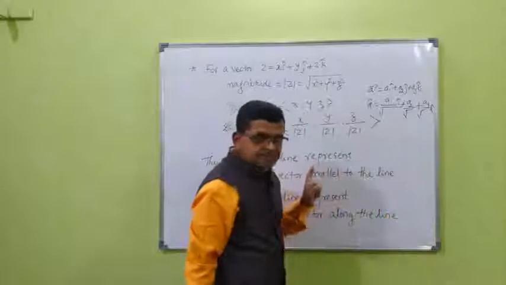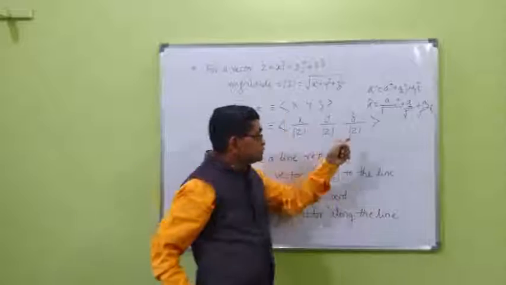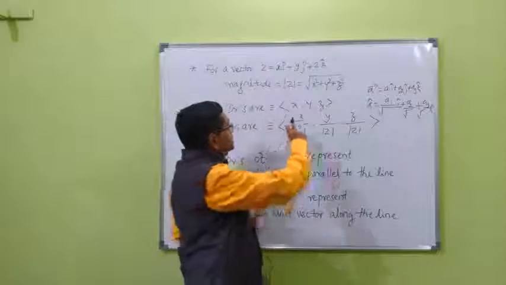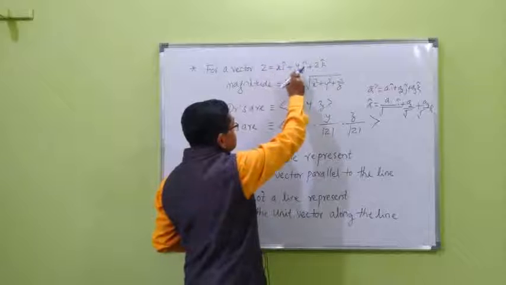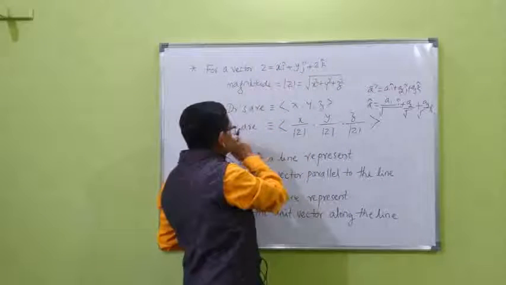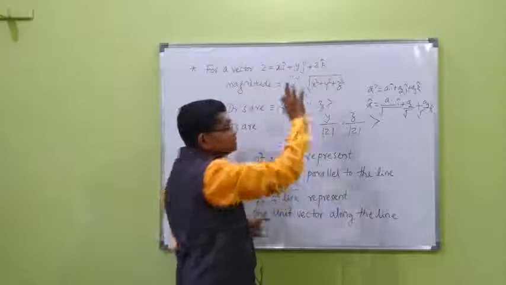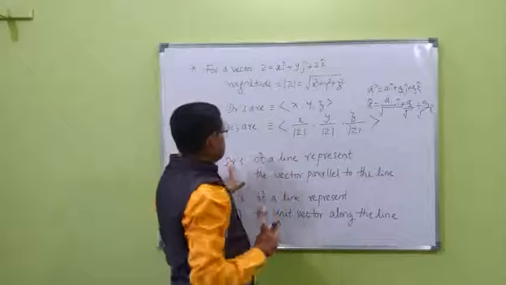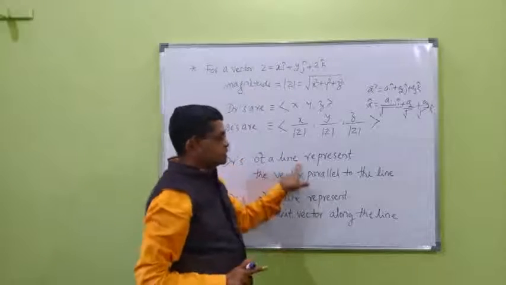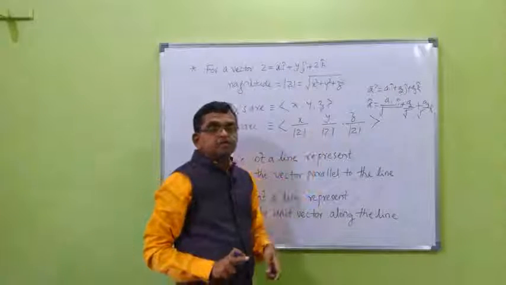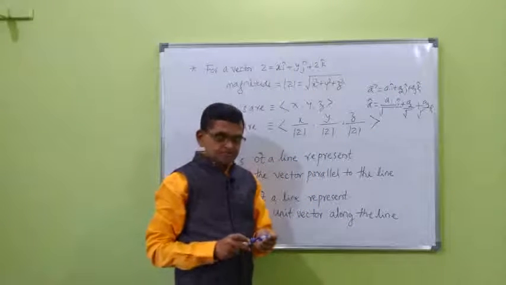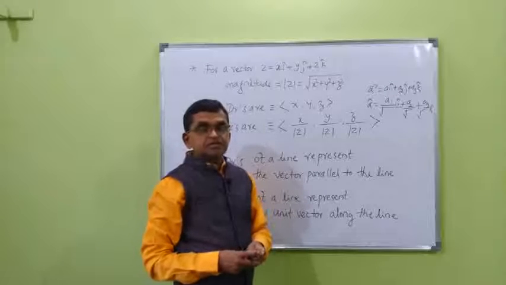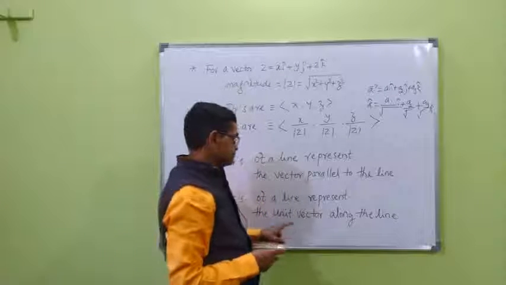You got it. That is how you obtain unit vectors. So if you replace these initial coefficients by direction cosines, you will get the unit vector. Thus direction ratios of a line represent a vector parallel to the line, whereas direction cosines represent the unit vector along the line.